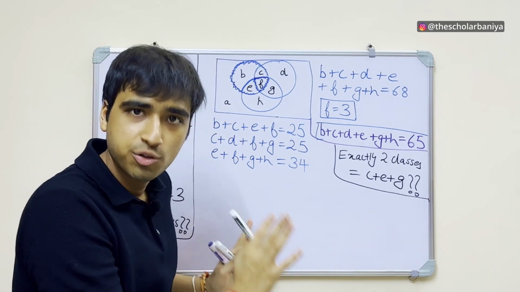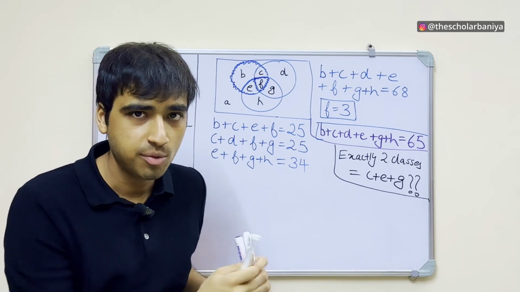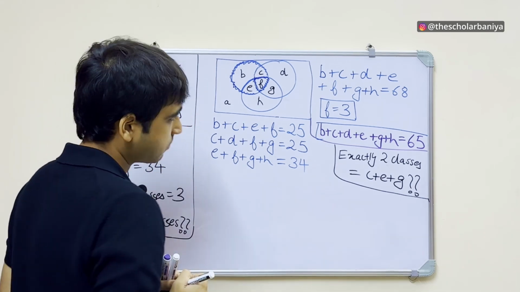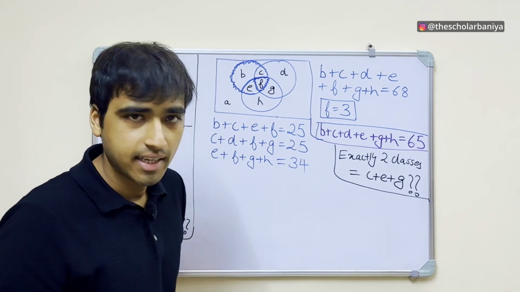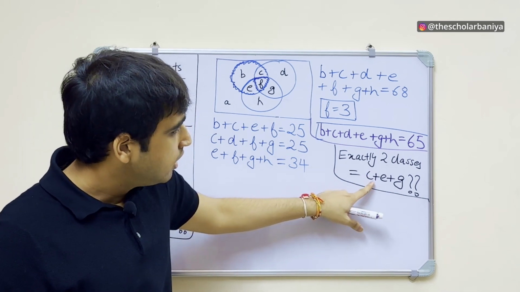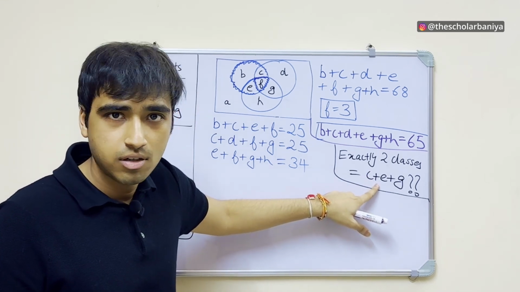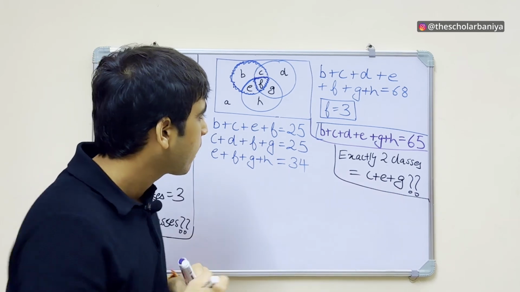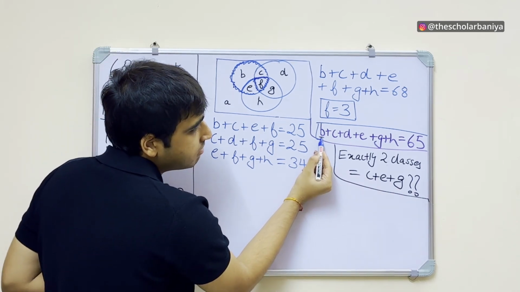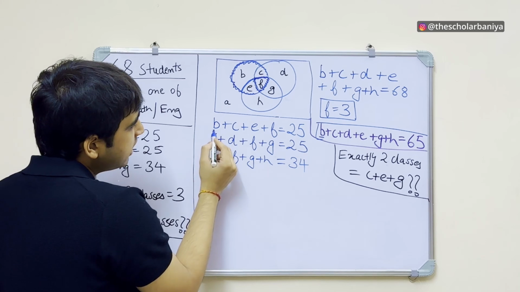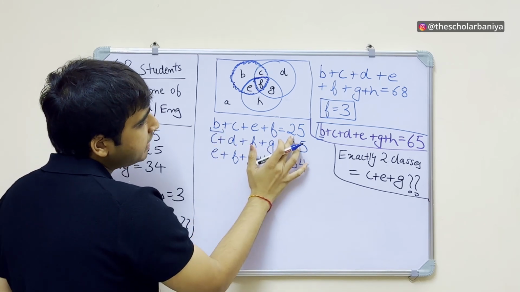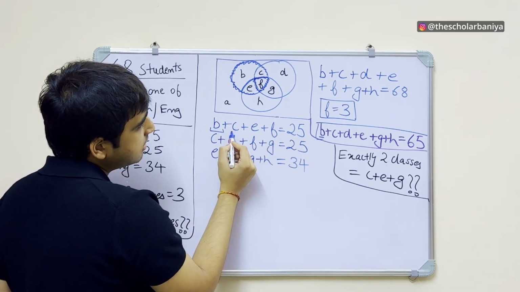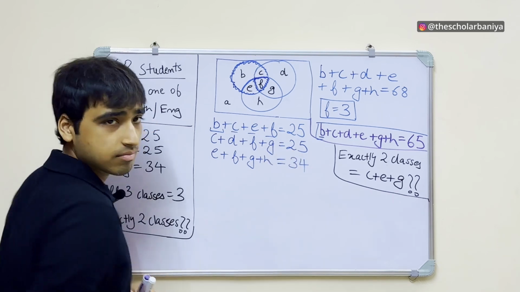So this was the logical part. Now it comes to the calculation part, right? Okay. Now tell me one thing. Do we need B over here? No, we need C, E and G. We need 3 things. So we can eliminate B. So what is B? B will be 25 minus C minus E minus F, right?